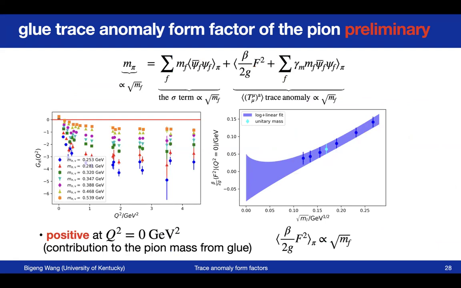But something interesting that we find here is that not only the trace anomaly term is proportional, it seems that the F squared term that we are calculating here by itself also looks proportional to the quark mass. I think this is very interesting: it feels like the F squared term also knows something about the quark mass as well. So that's for the forward limit.